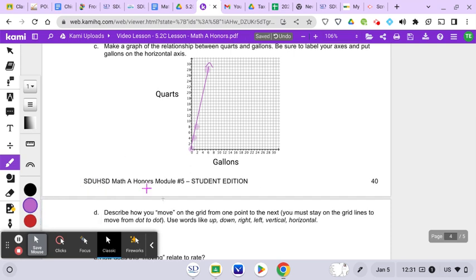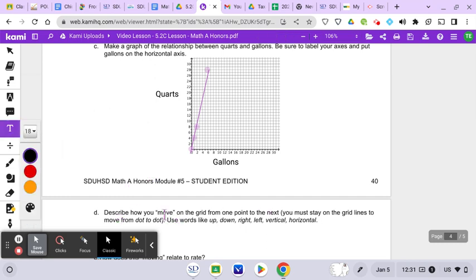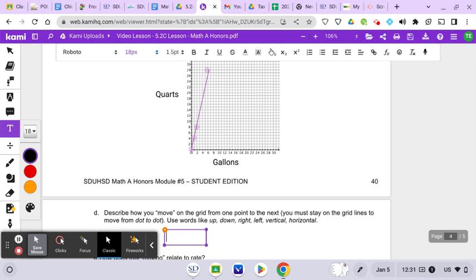Okay, so describe how you move. When I go up 1 gallon, I increase to 4 quarts. I'm going to fix that line. I don't like it. It was good. There it goes. It shifted on me. Okay. Move right 1 gallon.